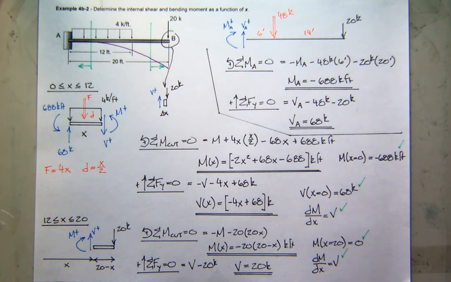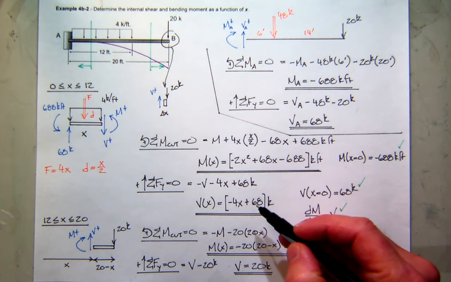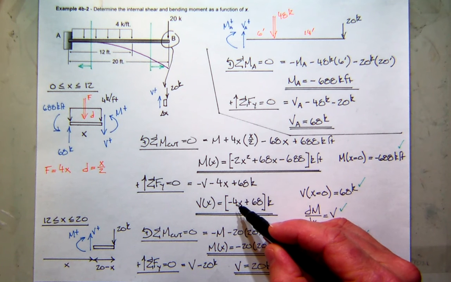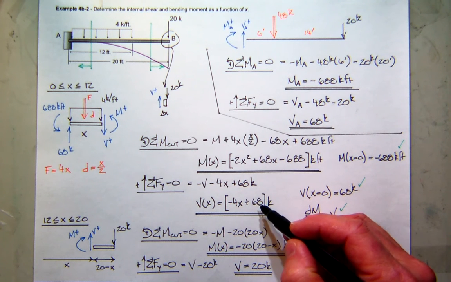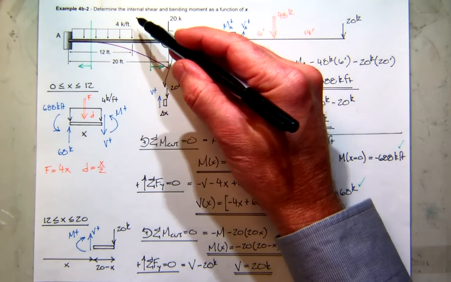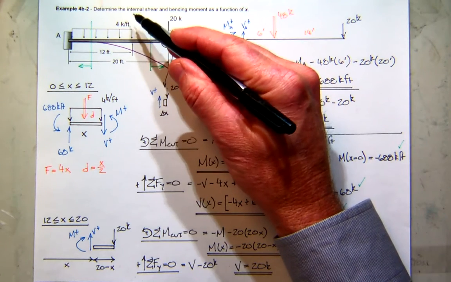That's a little harder to do off the top of your head, but look at the shear. What about the shear at 12? Well, that's negative 48 plus 68. That's positive 20. And what's the shear given by this one at 12? 20. So it matches. The only time that wouldn't match is if there was an applied force right at that common point.